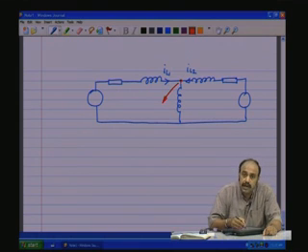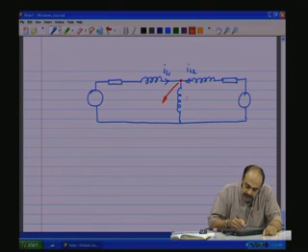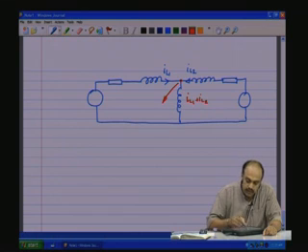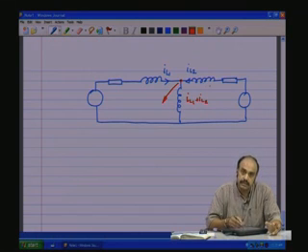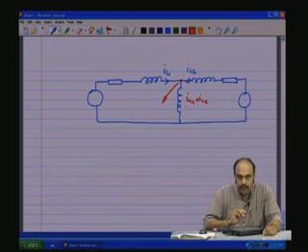There should not be any accumulation of current here. So, by KCL, this is IL1 plus IL2, and therefore it is not a state variable. There are only two state variables, even though it apparently seems that there are three energy storing elements.